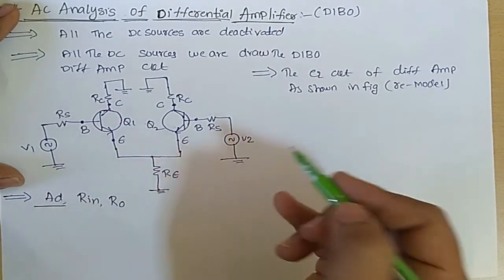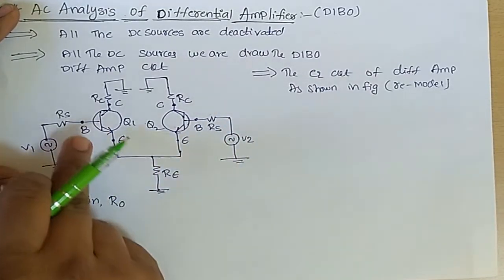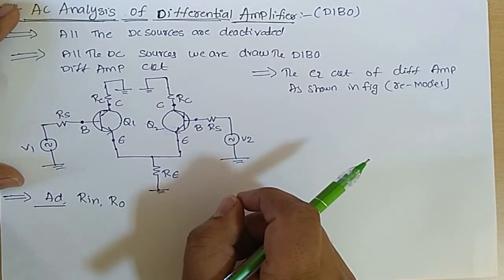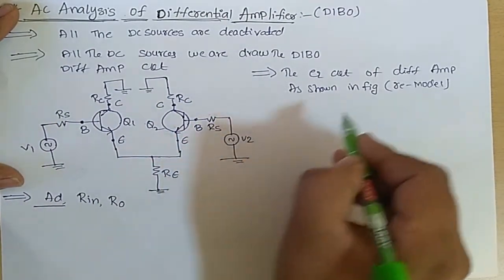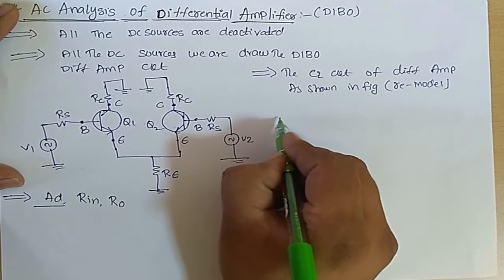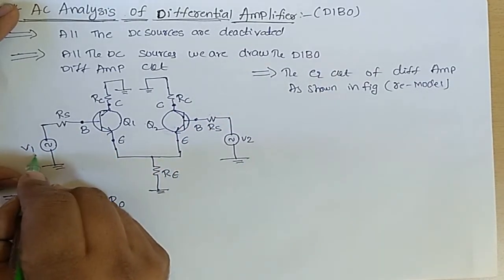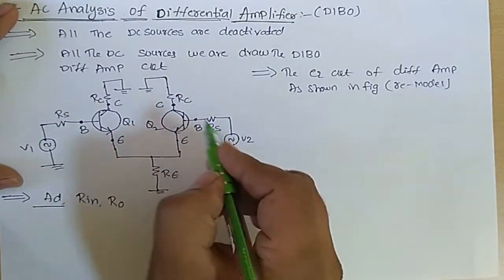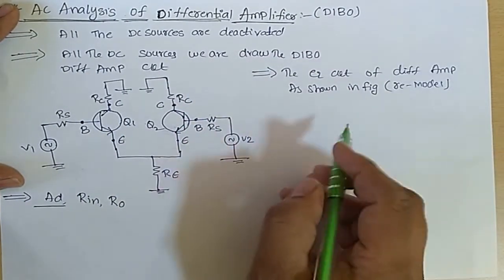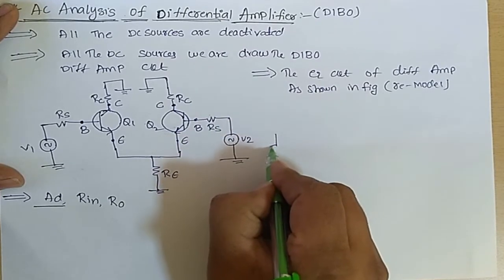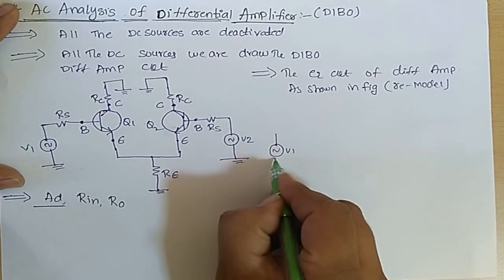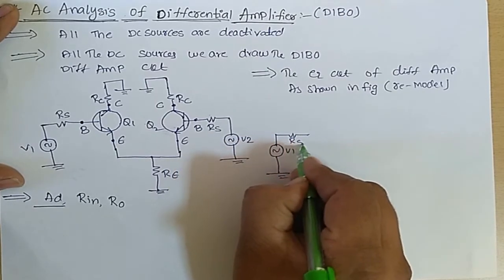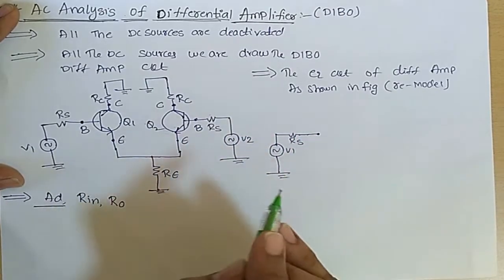When we draw this re model with respect to these three terminals, we draw the equivalent circuit. First, with respect to the input voltage and the source resistance of the Q1 and Q2 transistors, we draw as usual: here we apply the input voltage V1, and here we connect the source resistance RS. This is the base terminal.